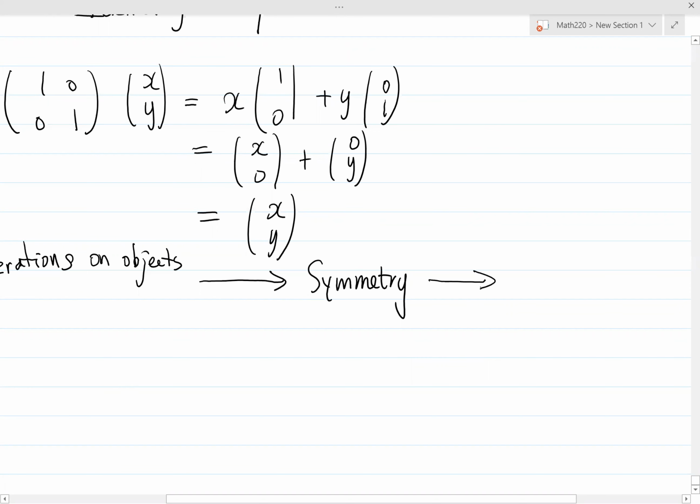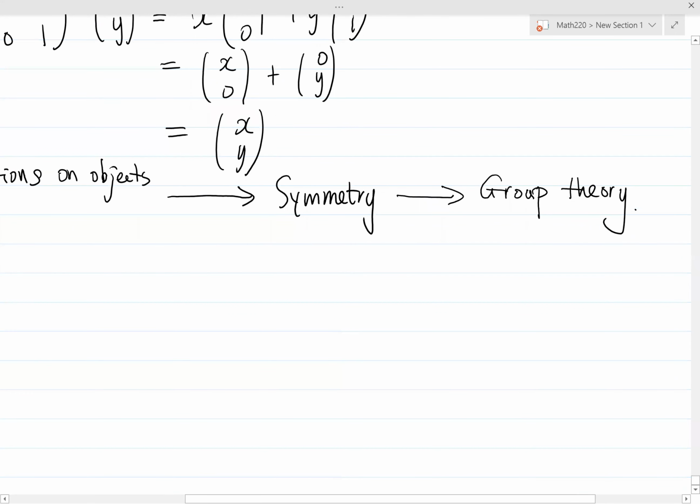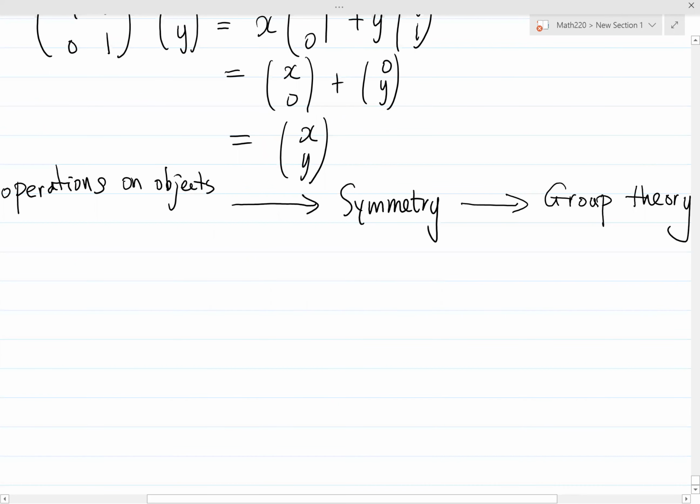This is called group theory. Group theory studies the symmetry of objects. For instance, if you study chemistry, certain materials, certain atoms, are symmetric with respect to certain rotations. Group theory plays an important role in chemistry, in physics, and of course in mathematics.